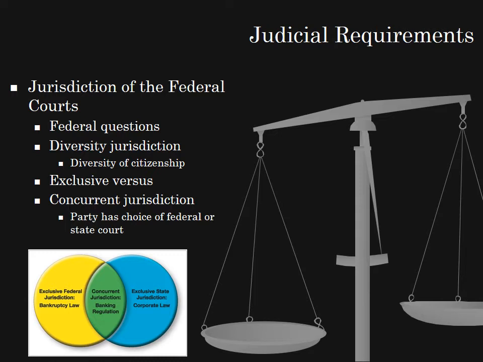It has something to do with the Constitution or a federal statute or a federal administrative regulation. It deals with federal law. That's the first way I can get into a federal court. The second, and the one that leads to a little bit more analysis, is diversity of citizenship, so diversity jurisdiction.